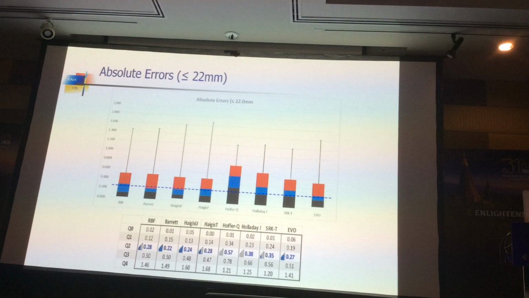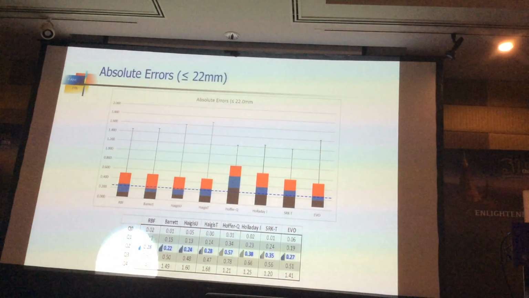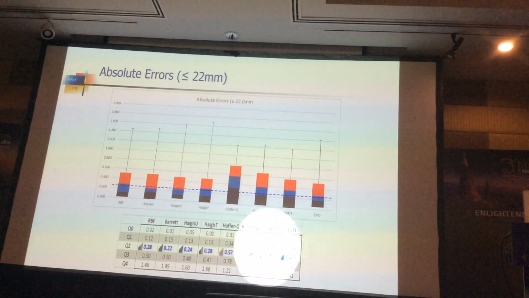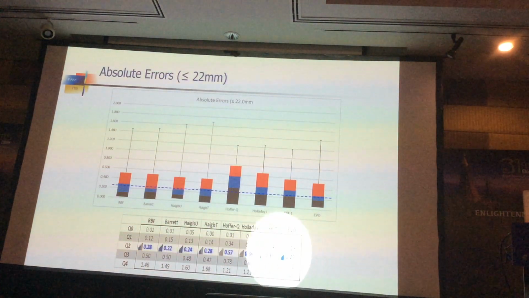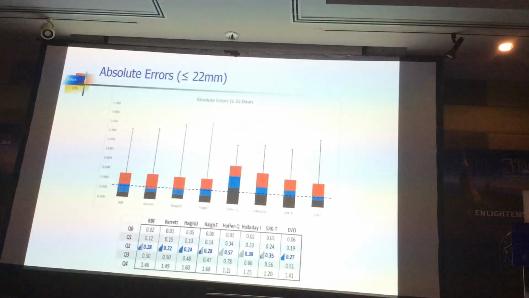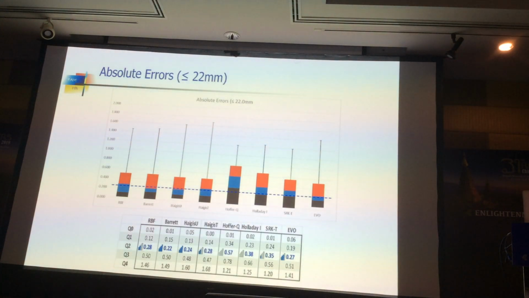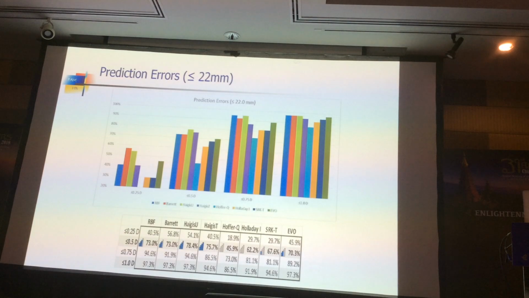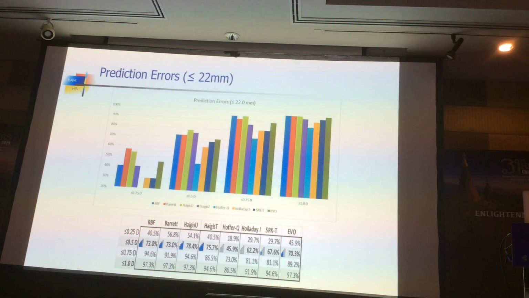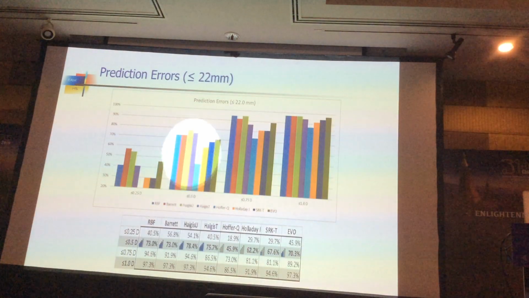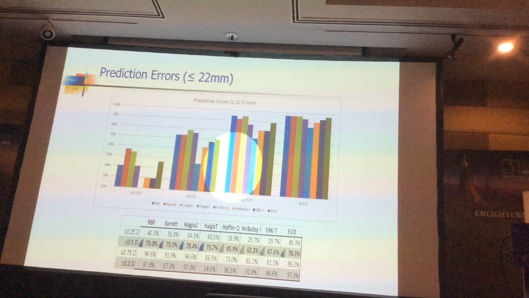Of course, there's a little bit of outliers here. Right, median absolute error 0.28, 0.22, Evo 0.27. Haigis is also not bad. So for short eyes, Haigis is all right. The percentage of eyes within half a diopter, there are four here, and Evo at the back.